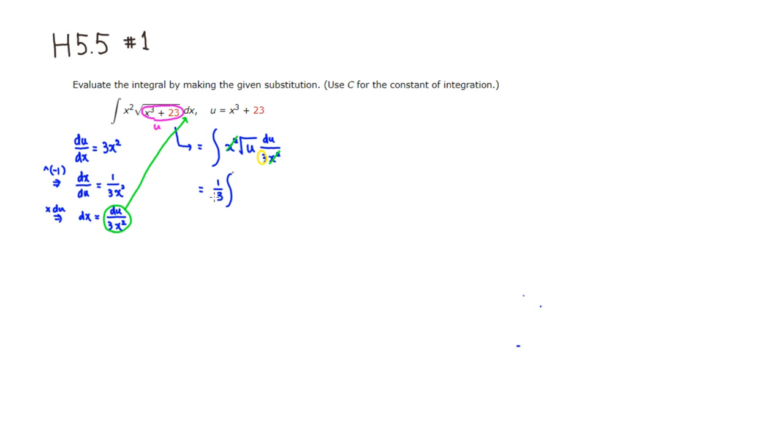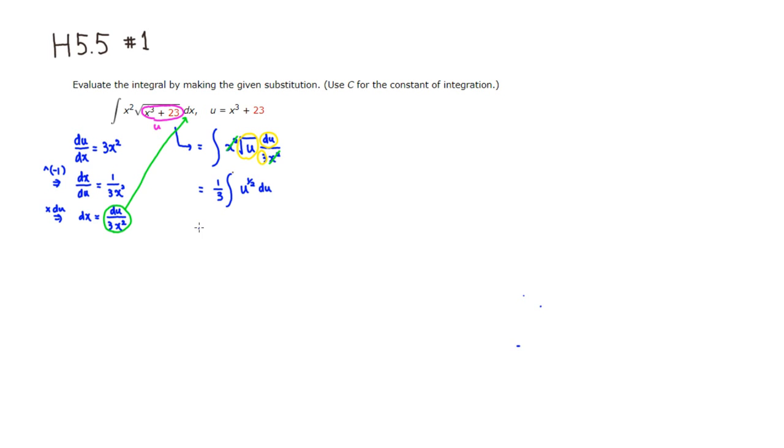The square root I'm going to rewrite as a 1/2 power, so you have u to the 1/2 power, then du. So the square root of u takes care of this, and we wrote down du. So we took care of everything.